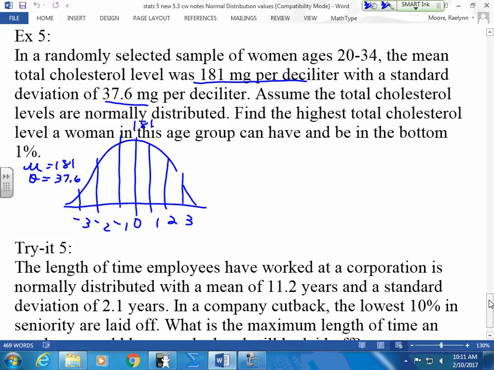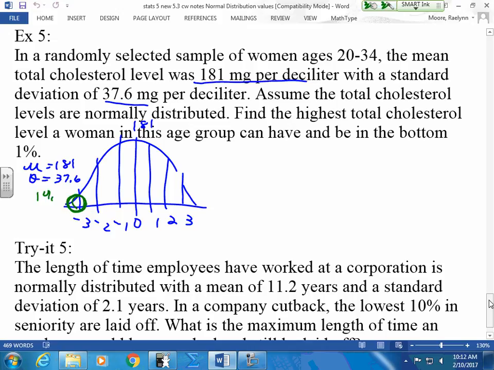So I'm going to put my 181 here, and go up and down, and I'll probably just go down on this one because they're going to ask us just for the bottom part. Find the highest total cholesterol level a woman in this age group can have and be in the bottom 1%. I want that person to be in the bottom 1%. So the bottom 1% is on what side? The left side, right? Somewhere really, really small out here somewhere.